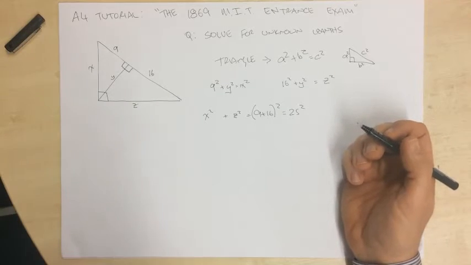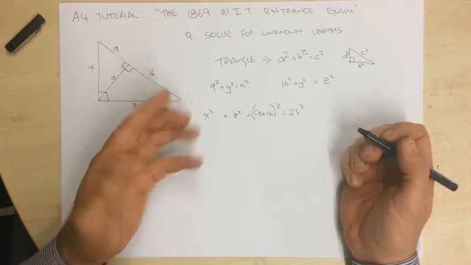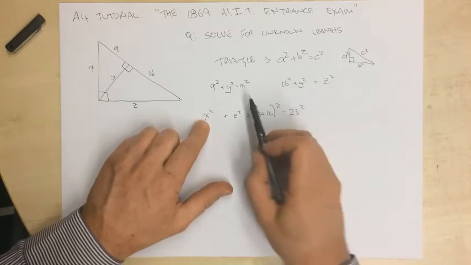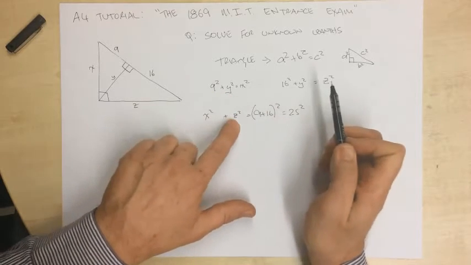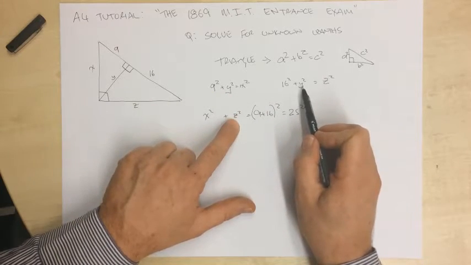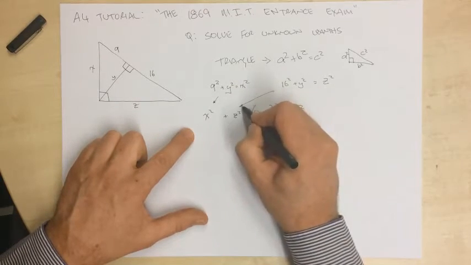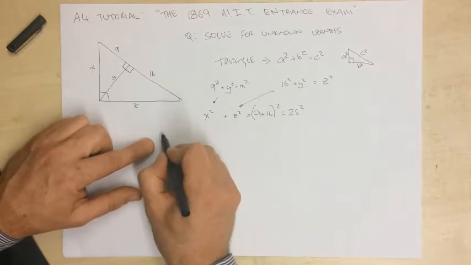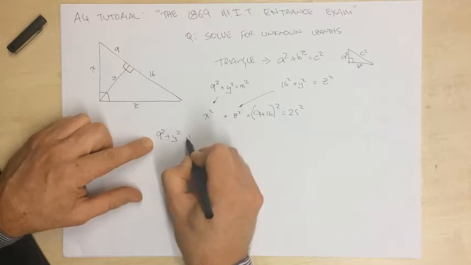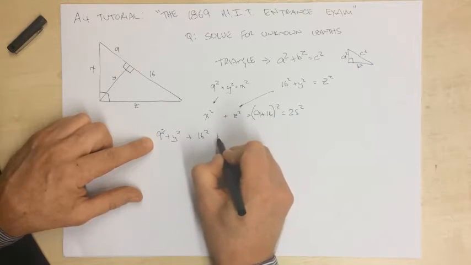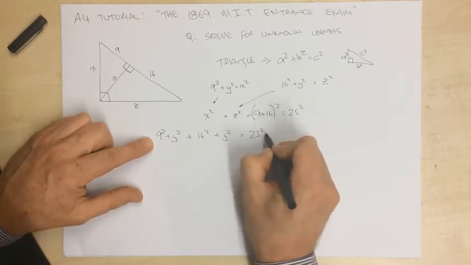Now, it should be fairly obvious that we've already got a term for x squared defined in terms of y, and we've got a term for z squared defined in terms of y. So all we need to do is substitute in these terms, and that gives us 9 squared plus y squared plus 16 squared plus y squared equals 25 squared.